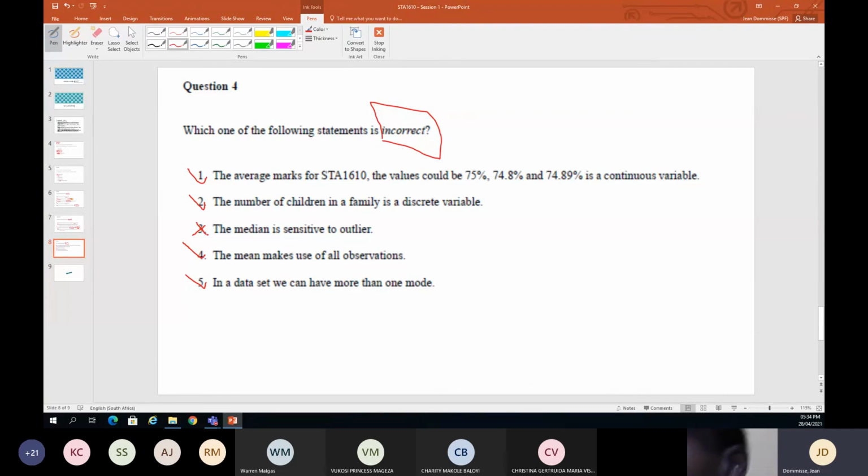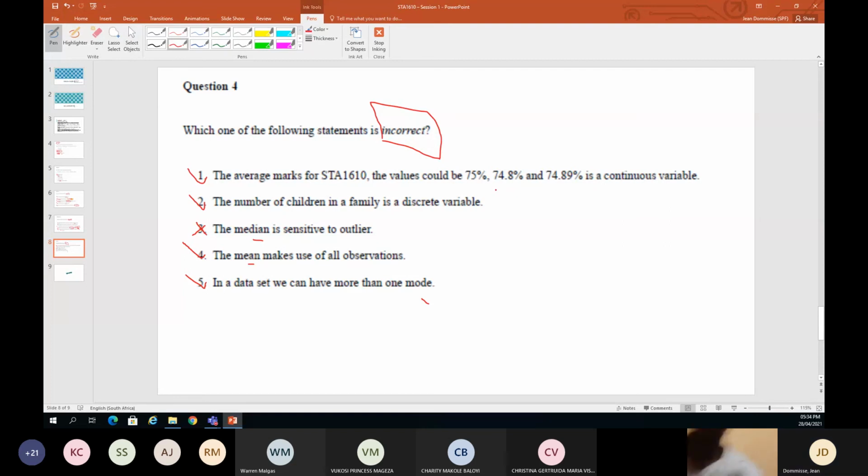So you will get 1 or 2 questions on study unit 1, 1 or 2 questions on study unit 2, and so forth. But this one is actually a combination of study unit 1 and study unit 3, where it talks about the median, mean, and mode, and then includes 2 of the variables. So for me this was a very interesting one, and why I included it. So let's quickly look at the answers.